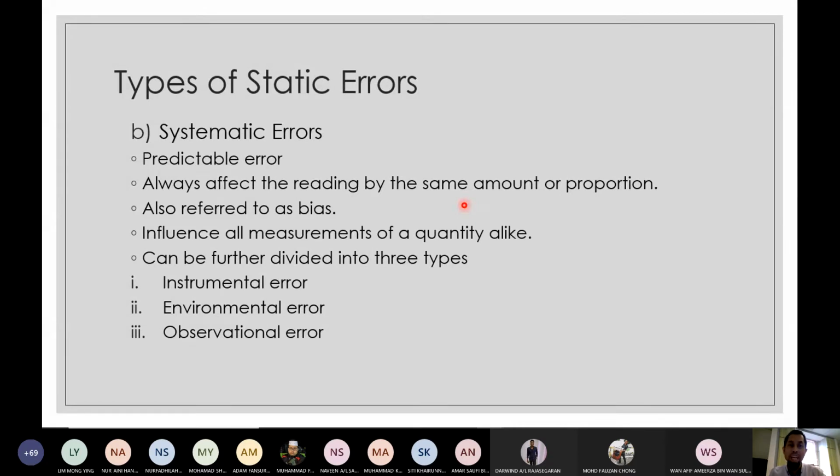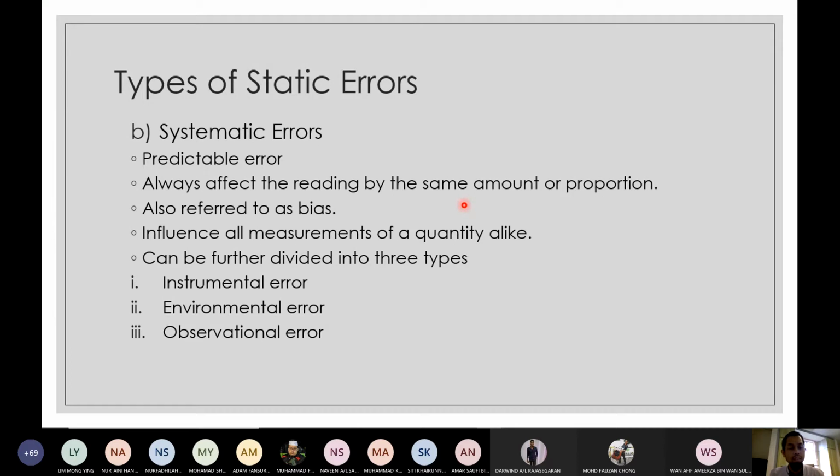So if you repeat the same measurement, you still get the same type of error of 1 kilogram because of the systematic error of the weighing scale itself. So this is what I'm talking about, always affect the reading by the same amount or proportion. So if somebody else is measuring the weight using the same scale, it's also going to be biased by 1 kilogram or affected by 1 kilogram error due to that problem.